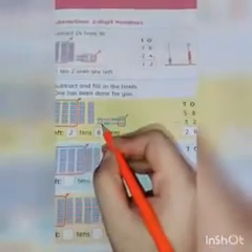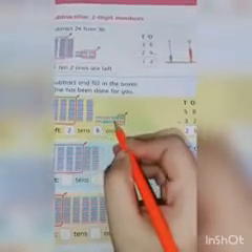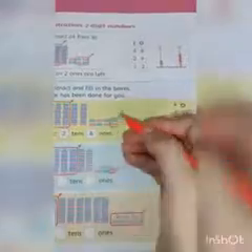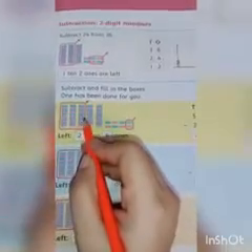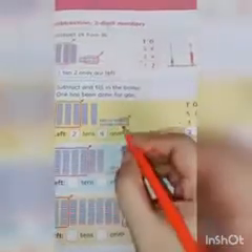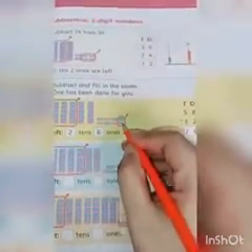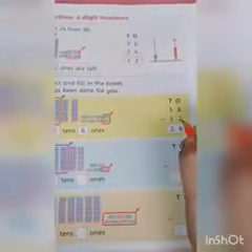Then 1, 2, 3, 4, 5, 6, 7, 8. 8 ones and 8 is written at the ones place. We are going to subtract 1, 2, 3. 3 stacks of tens. 3 is written at the tens place. Then 1, 2. 2 ones and 2 is written at the ones place.